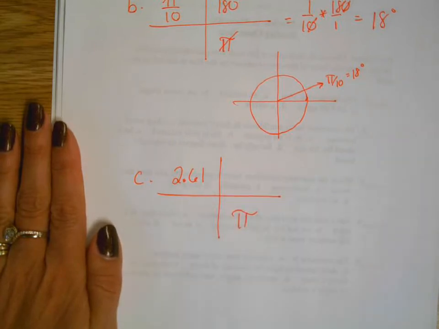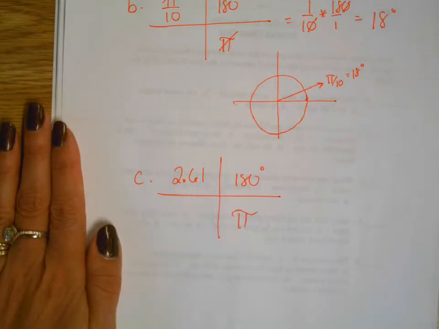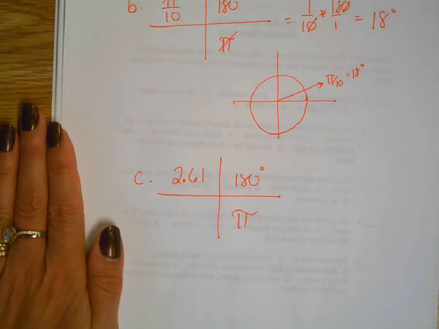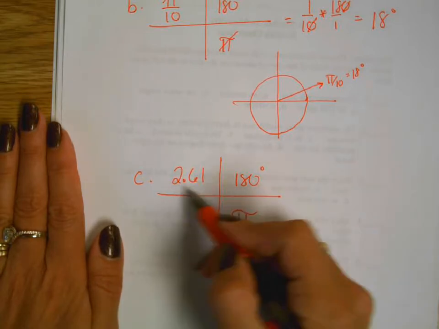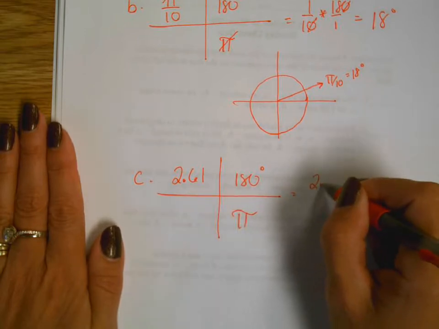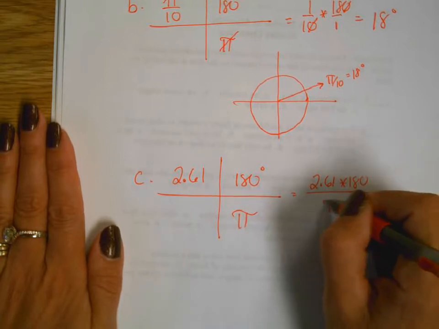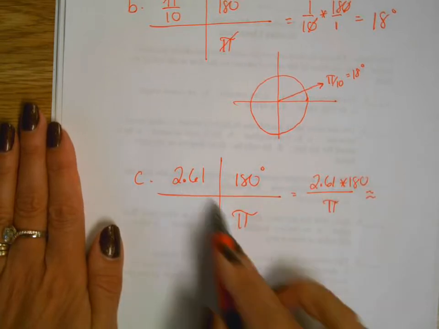So we're getting rid of the radians, so we're dividing by the pi. 180 degrees. So what do we got to do this time? You actually have to divide by pi because there's no pi to cancel off. It's been multiplied in. It's our decimal version. So you actually have to do 2.61 times 180, divide by pi. And we'll go with a decimal. When it starts as a decimal, we'll finish.